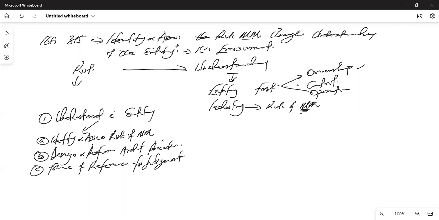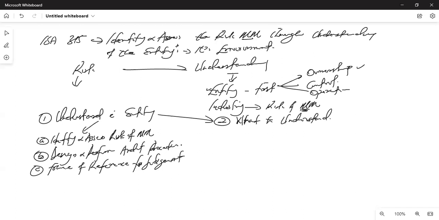Now, we say understand the entity, and so not only did I say understand the entity, I also said that the second thing you need to do is the areas of understanding. What to understand? What are you understanding?